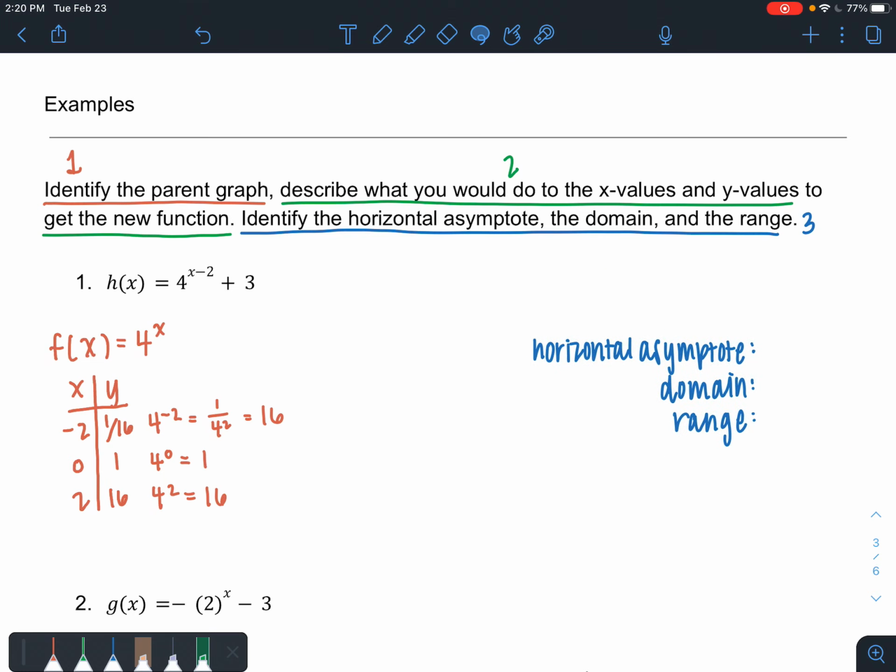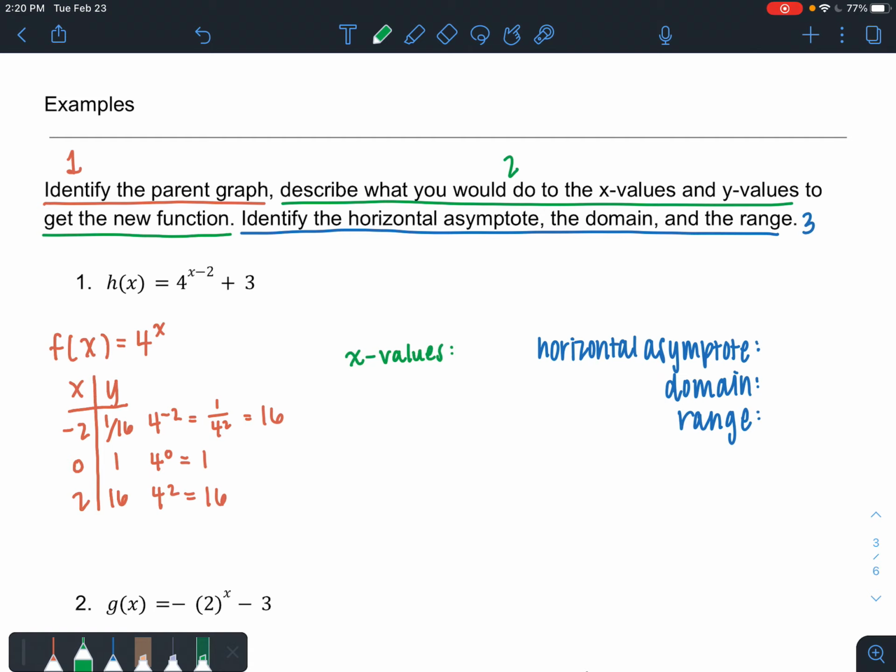Okay, so then what I needed to do is describe what happens to our values with our new function. So I'm just going to write that in green. So our x values, what's going to happen to them based on this -2 up here is they are going to be shifted.